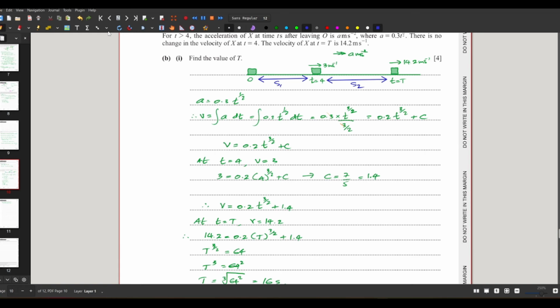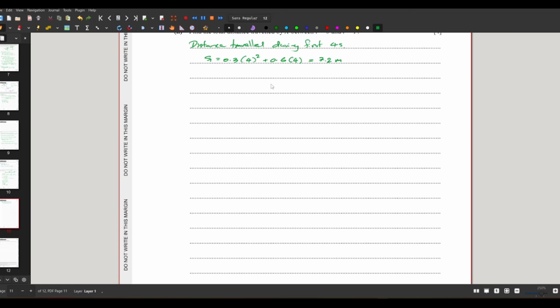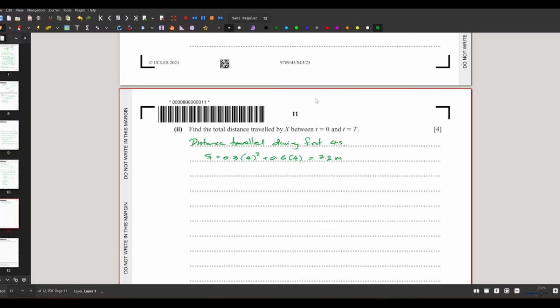So from time 4 to 16, we know the equation for when the time is greater than 4. This one. So in order to find the displacement, you have to integrate this one, right?